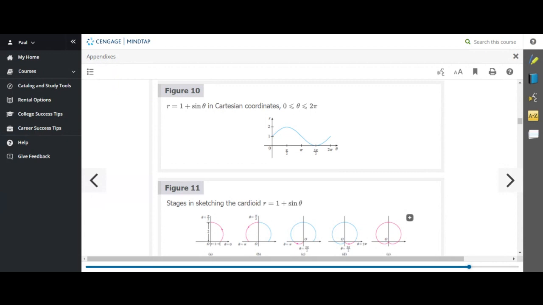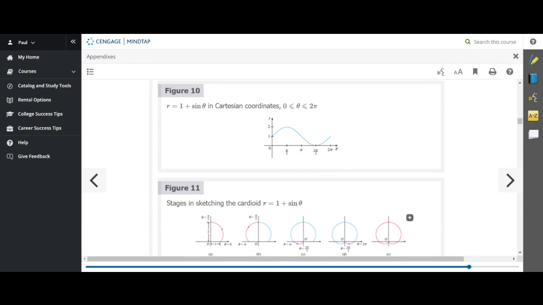Well, you would normally write y equals 1 plus sine theta, but they draw r equals 1 plus sine theta in figure 10 here, and they graph that trig function. So it's the sine wave lifted up by 1 unit, right? That's called a vertical translation. How many remember that from their trig days? Taking trig functions and moving them around, and okay, good.